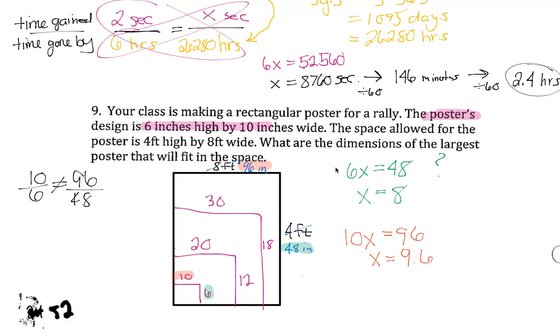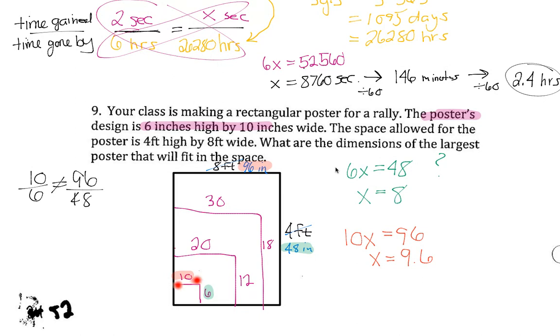That means I have to make this poster 9.6 times bigger to turn the width into 96, which means that I would have to make the height 9.6 times bigger, which would make the height 57.6 inches, which is too big. We only have 48.